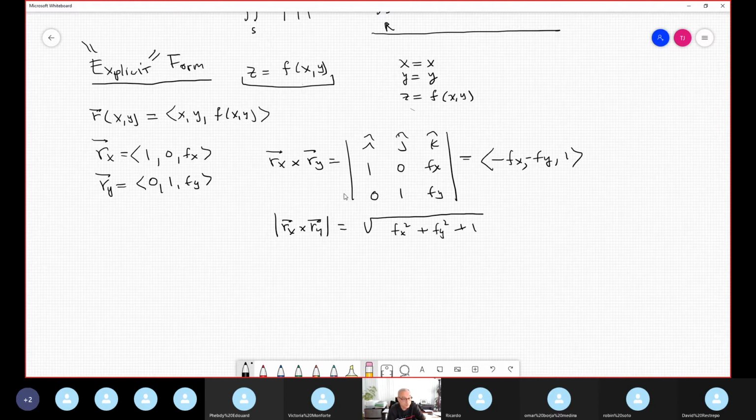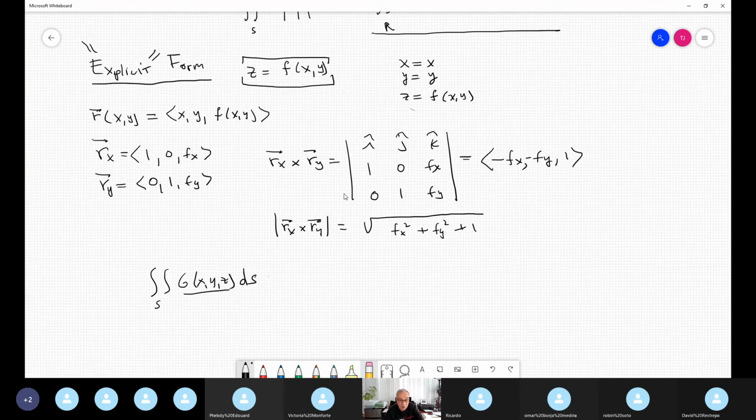Therefore, using this idea, our surface integral we can set up like that. Surface integral of the function g(x, y, z). Remember, g is the integrand function. This is not the integrand function, it's the surface. So we always start by analyzing the surface.